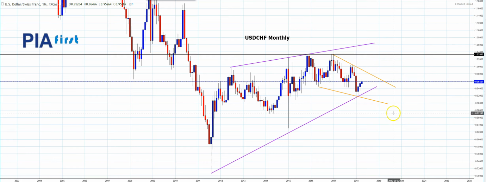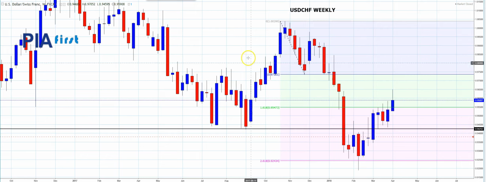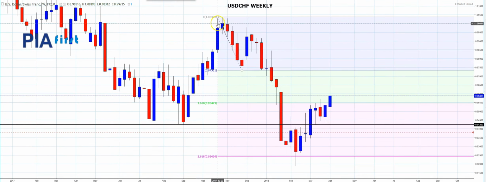So at the moment, pretty mixed signals on this time frame, but this formation highlights that the bias is still for higher levels.